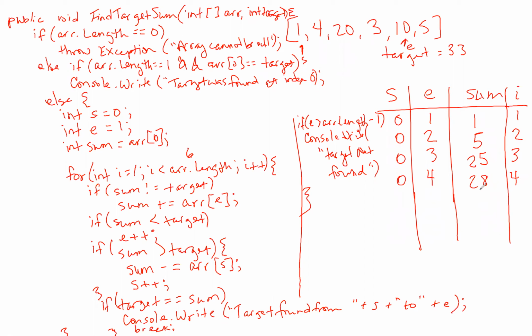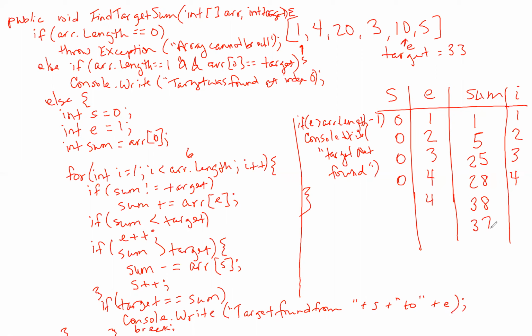So if E is equal to 4, then that's 10. So 28 plus 10 is 38. 38 is not less than target. So E is going to stay the same. If sum is greater than target, which yes, it is, then we need to do two things. We need to make sum minus equal array at S. So subtract 1 from 38, we get 37.